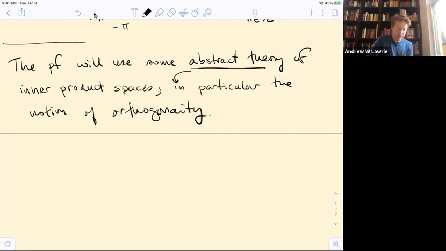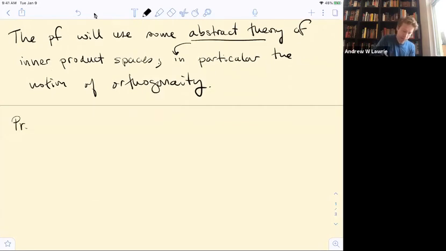So, some preliminaries on vector spaces.